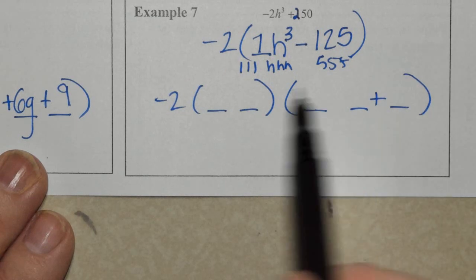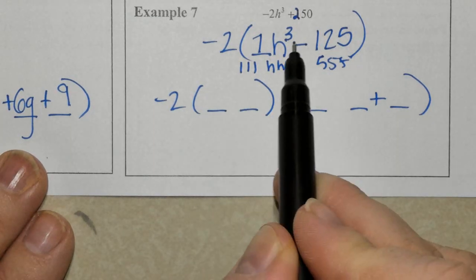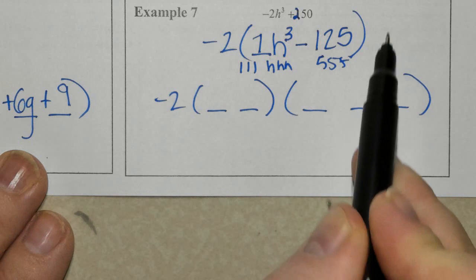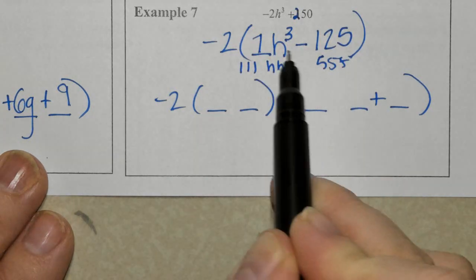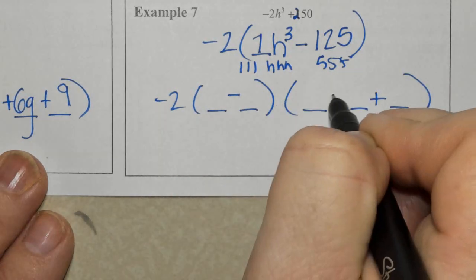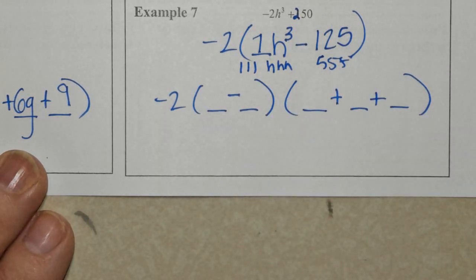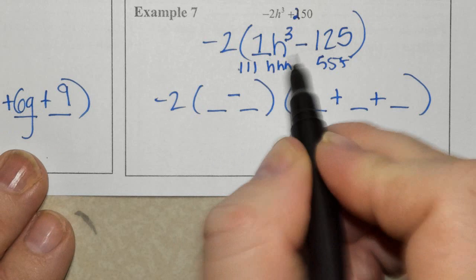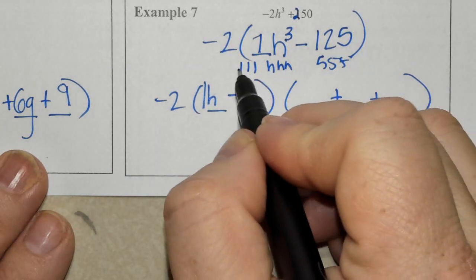Now, here's where it's confusing to students. How do I know what goes here? We're referring back to the parentheses. This is what we're referring to. So it has subtraction right in this position, so subtraction goes here, and it's opposite in the next one. I'm taking a 1 and an H and placing it in front.